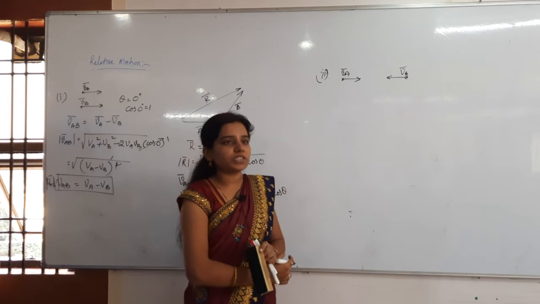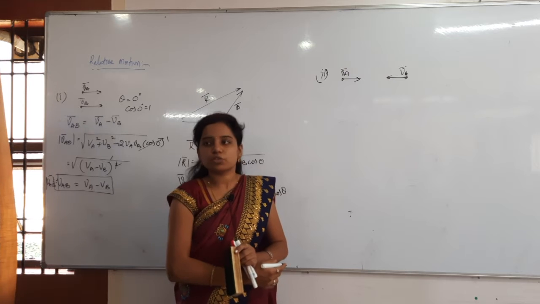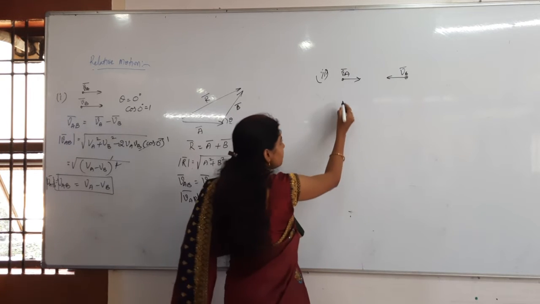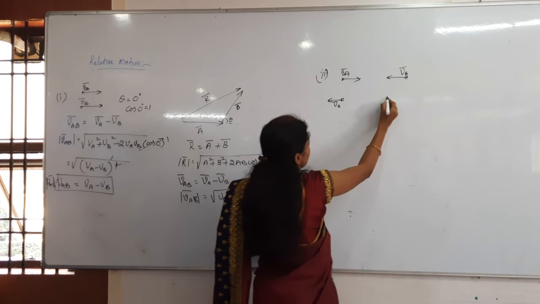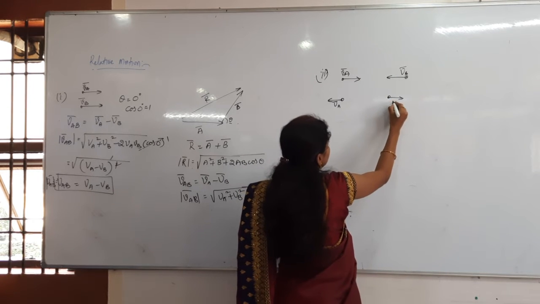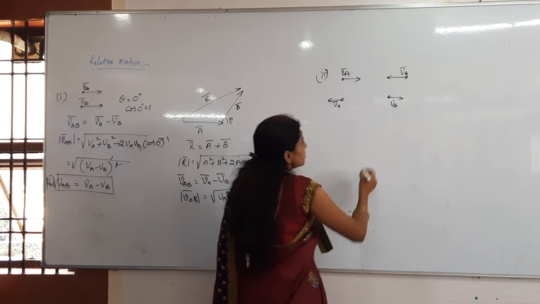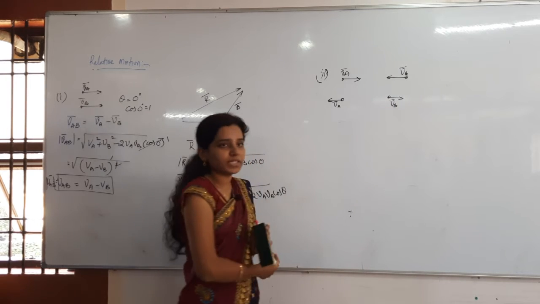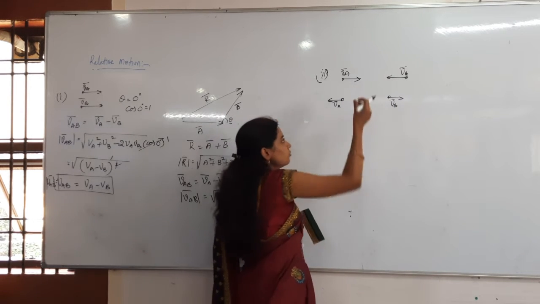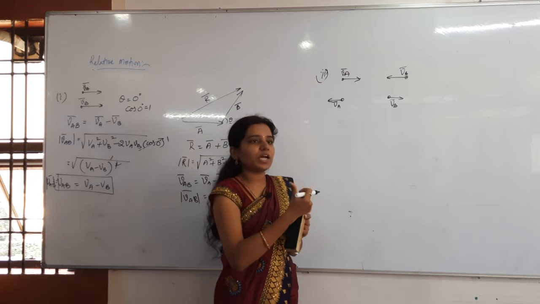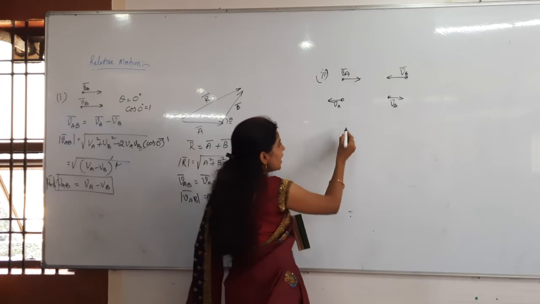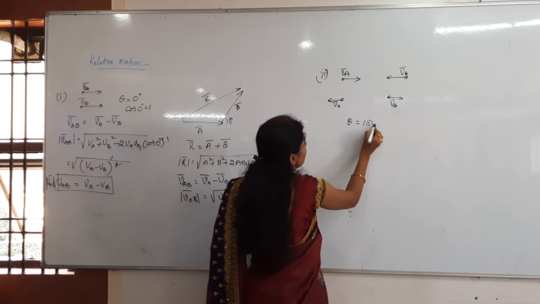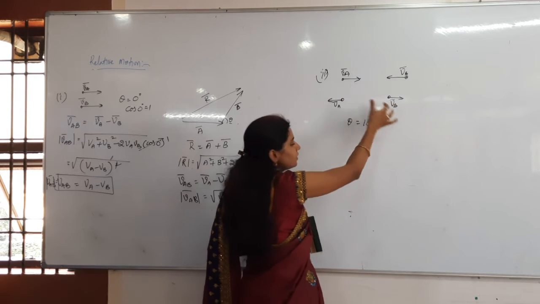Now both are approaching each other. Or A is moving along the negative x-axis and B along the positive x-axis, and they are receding, moving away from each other. What is the angle between them? Theta is equal to 180 degrees, in either case.